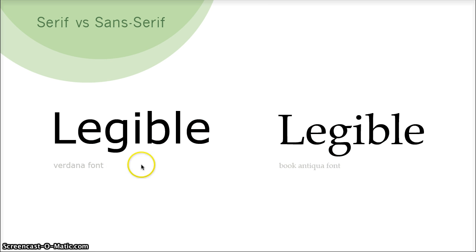And in this case, because this type of font, this sans serif font, has all those previous elements we talked about, we would have to determine that this is more legible than this, because of the qualities that this font does not have.